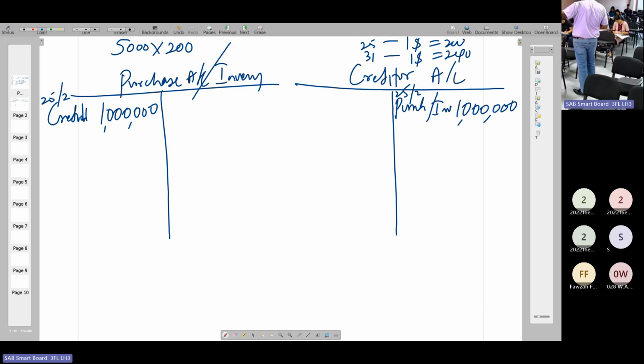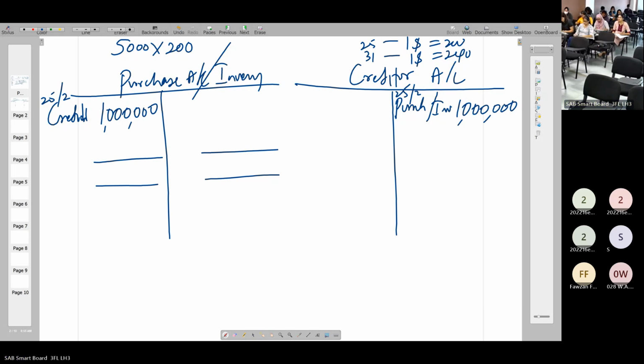That means there is no difference. Then on the reporting date, if this is a purchase, you should charge it to P&L, right? 1 million.